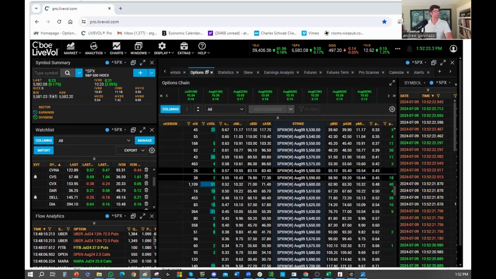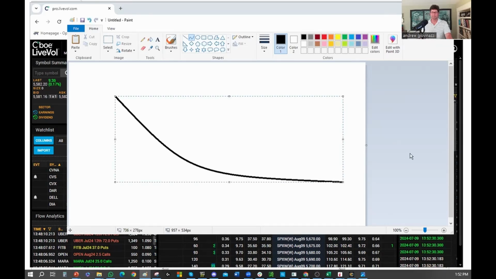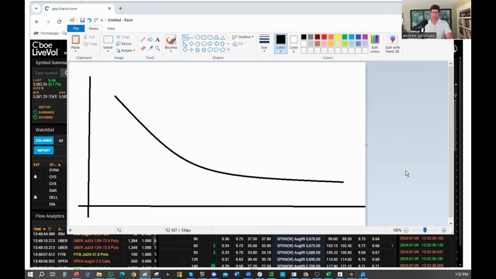So if you have a volatility curve, it looks something like this, rough. These are your strikes going across, this is your implied vols here, and this is your at the money strike here.